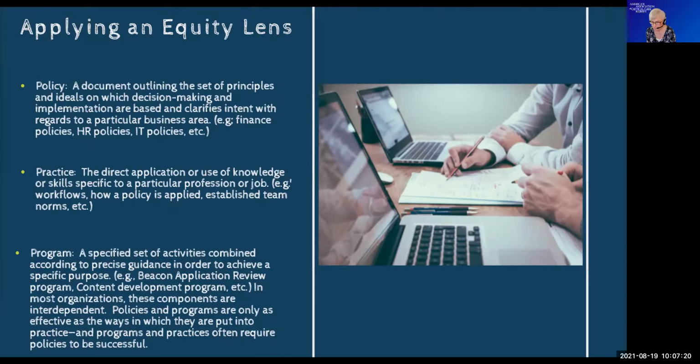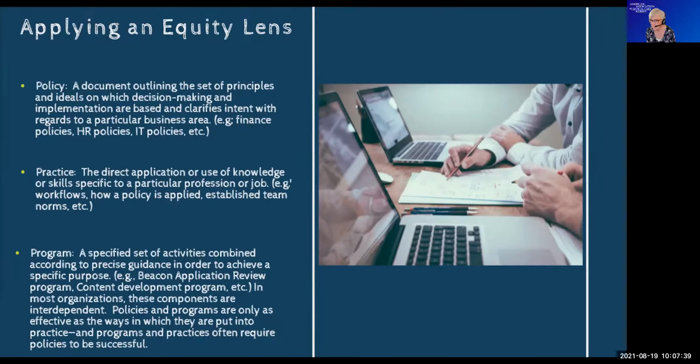And a program is a specified set of activities that are combined according to precise guidance in order to achieve a special purpose. These are things for AACN like a Beacon application review program or content development program, etc.